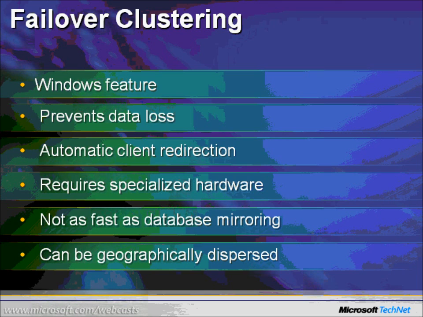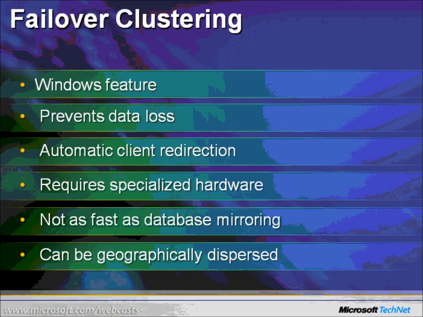As we look at database mirroring, we're talking basically less than a minute, typically around what I would consider a 10-second time frame on some of the things that I've been doing with database mirroring. With clustering, it could be a minute to get the services spun up. But again, both of them are solutions.